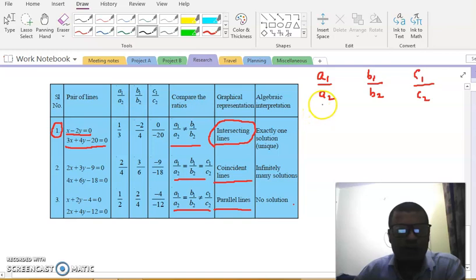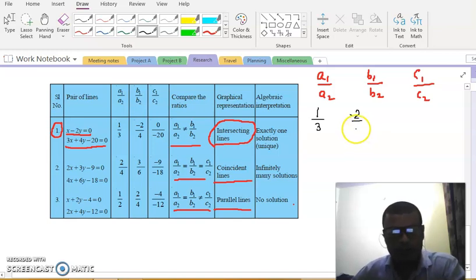What is your a1? a1 is 1. And what is a2? a2 is 3. And what is b1? b1 is negative 2. And what is b2? It is 4. Your c1 is 0, and your c2 is negative 20.